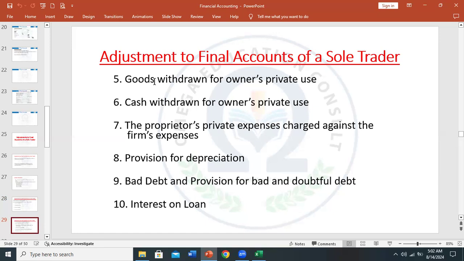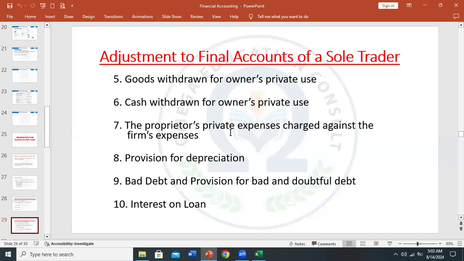So somebody who is selling shoes uses some of the shoes for his own private use. Cash withdrawn for owner's private use. So the owner can also take cash of the business. And then the next one is the proprietor's private expense charged against the firm's expense. This is also another form of drawings.